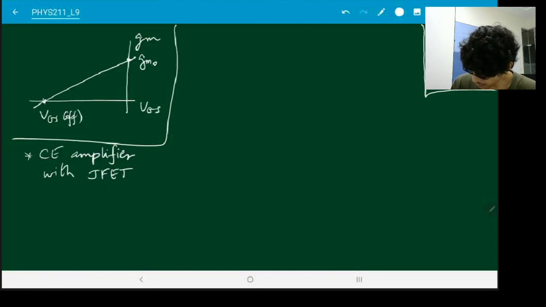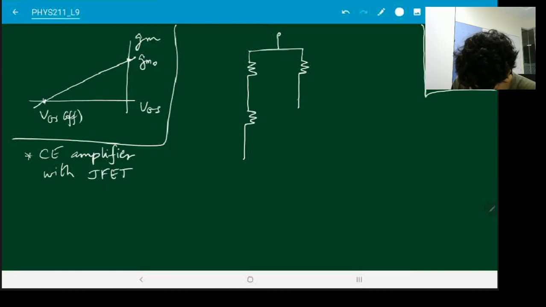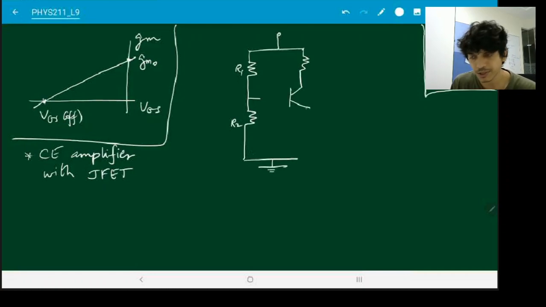So the circuit will look something like this. So we call this R1, R2. This is my potential divider circuit. And over here, earlier we had a bipolar junction transistor. Now instead I'm going to put a field effect transistor.